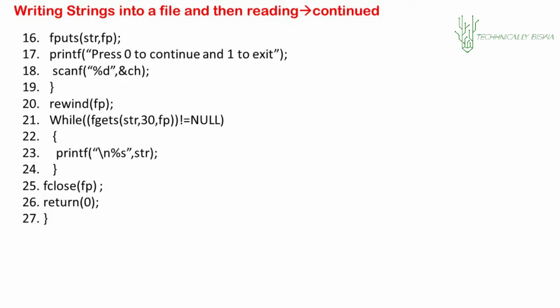What is extremely important is the syntax: fgets(destination, size, source) not equal to NULL. Alright, remember this. This is very, very important. Clear? Got it? Well, let's be back on the board.